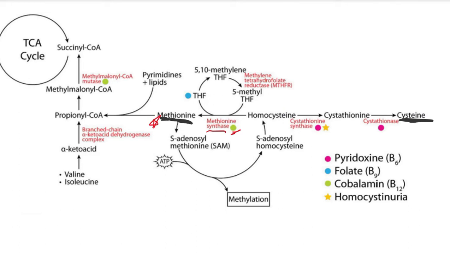This enzymatic reaction is also coupled to the conversion of tetrahydrofolate, which requires folate as a cofactor, into 5-methyl tetrahydrofolate. So there's an addition of a methyl group at the 5 region of tetrahydrofolate.